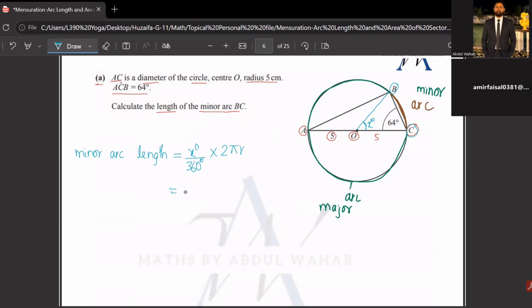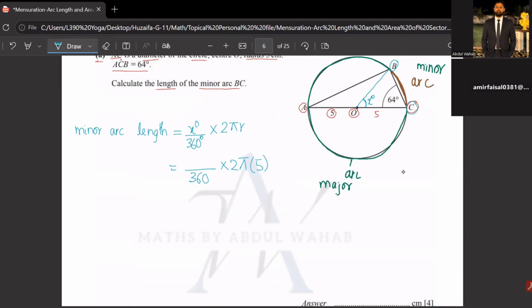We know the value of radius, which is 5. Now we need to find the value of x degree. As I have already explained, x degree is the angle which the arc made at the center.